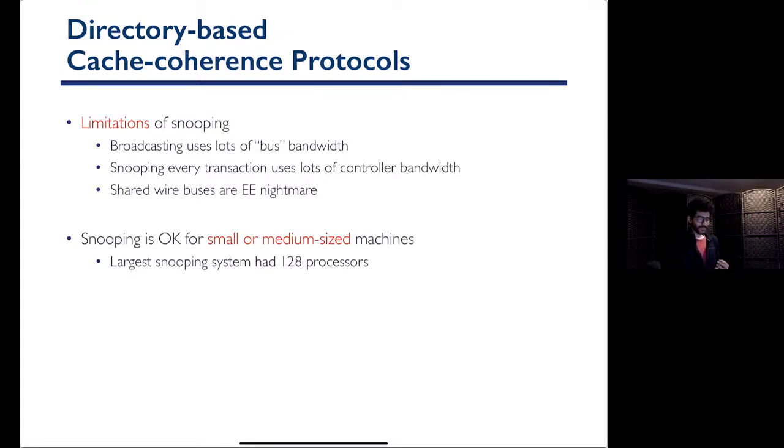As far as I know, and the last time I checked, the largest snooping protocol that was implemented in a multiprocessor was for a case with 128 CPUs. So this was kind of the limit of how many processors this could support.